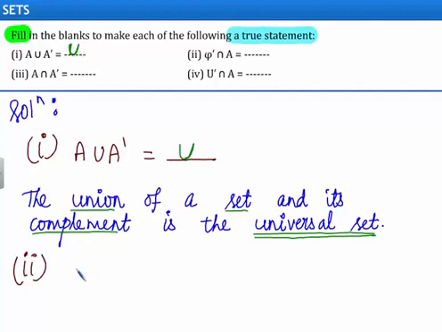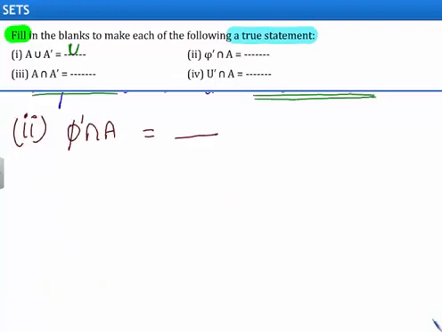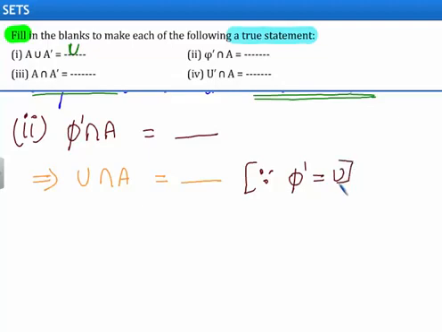In the second part of the problem, we have pi complement intersection A. This can be written as universal set intersection A, since pi complement is equal to universal set.